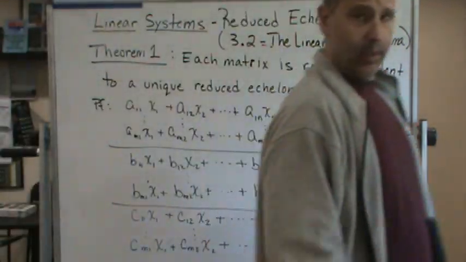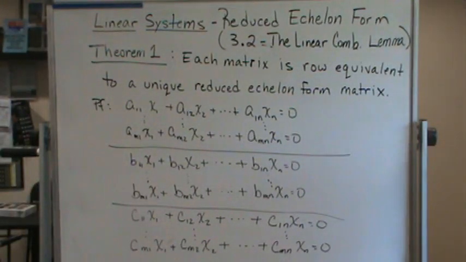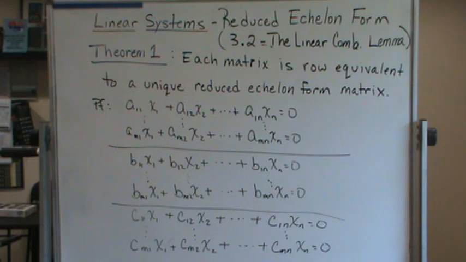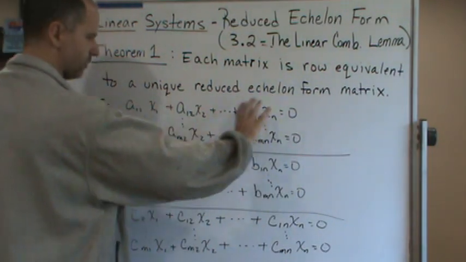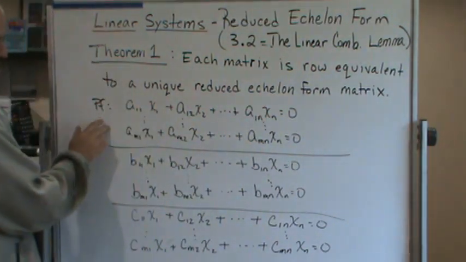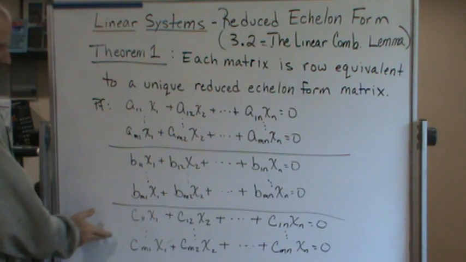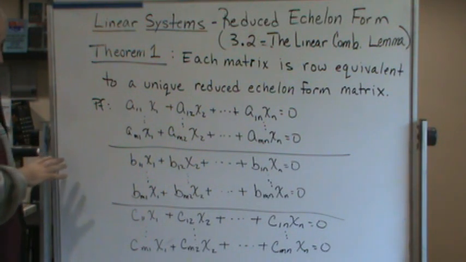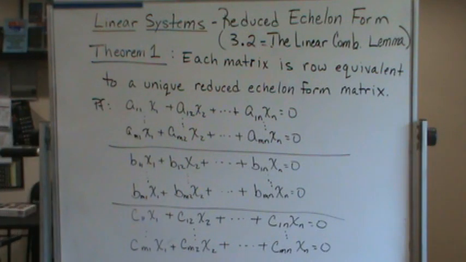Okay, so now let's do the next part of this. So let's consider these three matrices, right? So here's the homogeneous systems, right? So here's the A matrix, the B, and the C. Okay, so now we know that the solution set for all three of these is going to be the same, right?